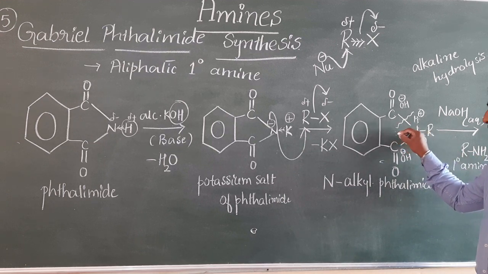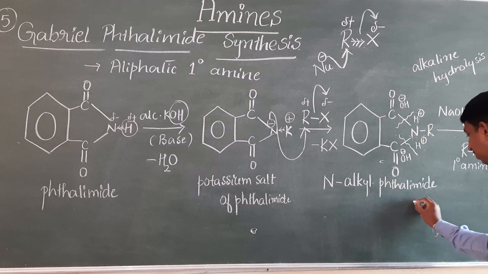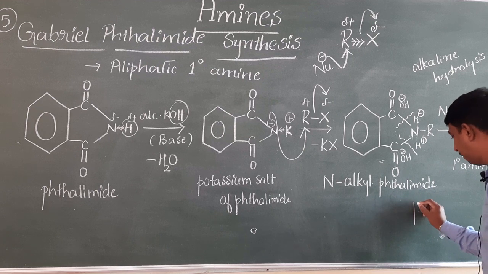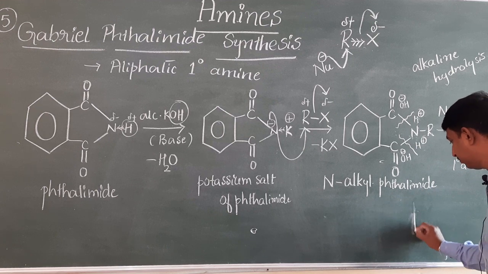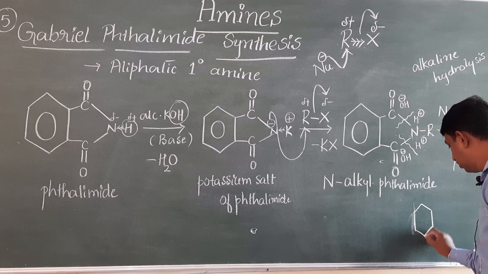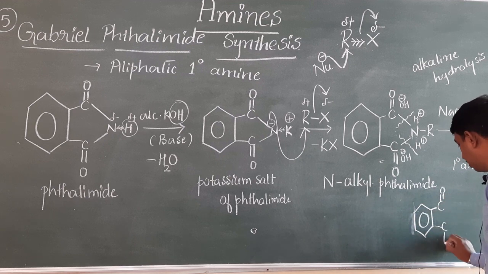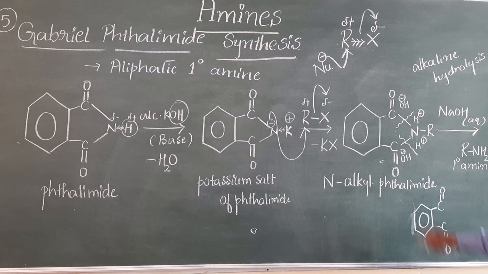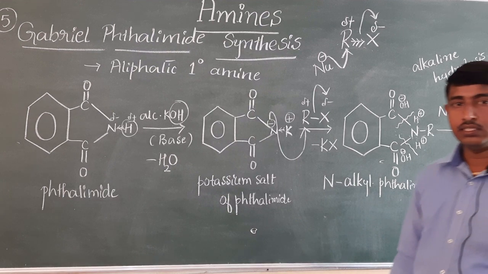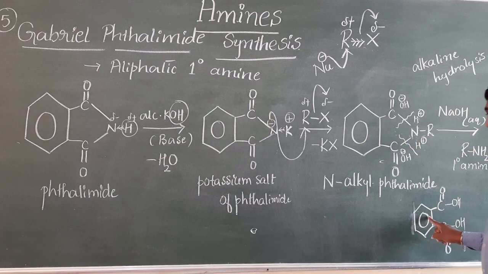Along with this primary amine, we'll get, here I can write, C double bond O, OH, and again C double bond O, OH. What is this? A benzene ring containing two COOH groups. It is named as phthalic acid.